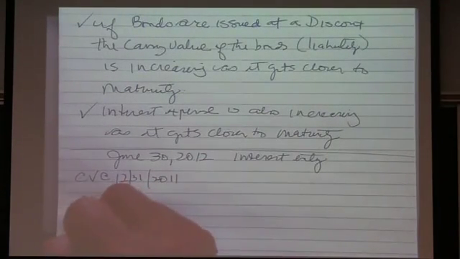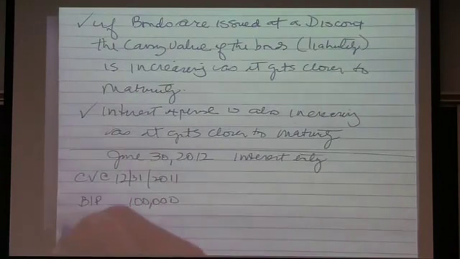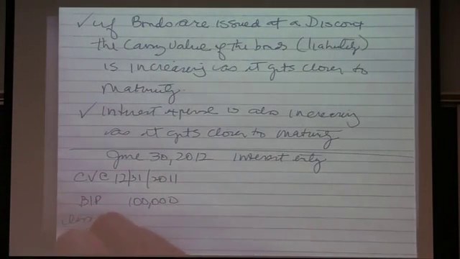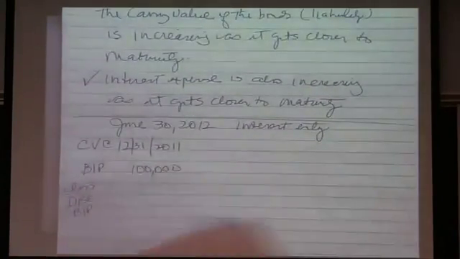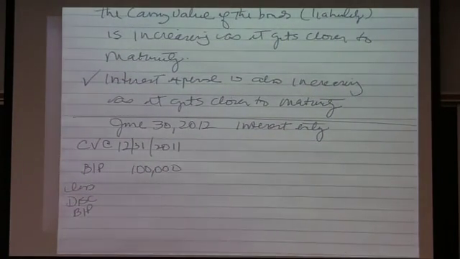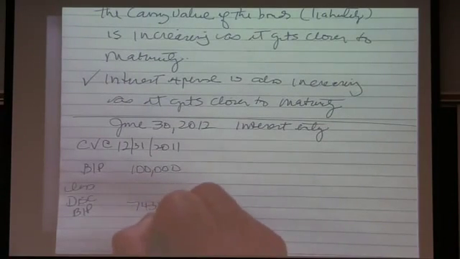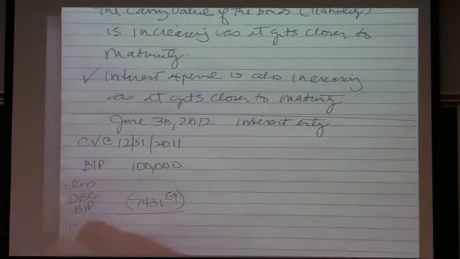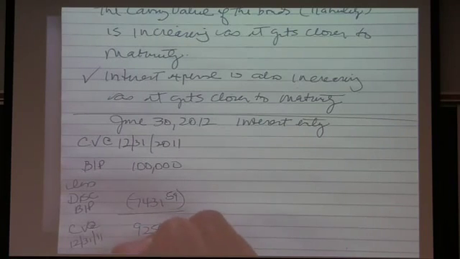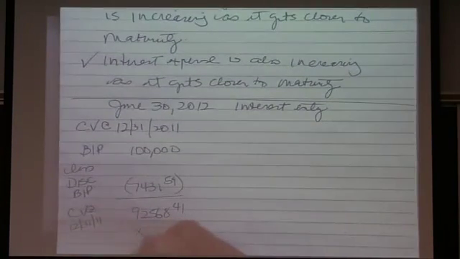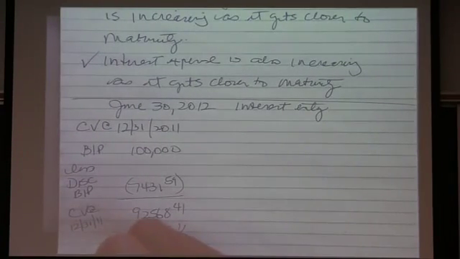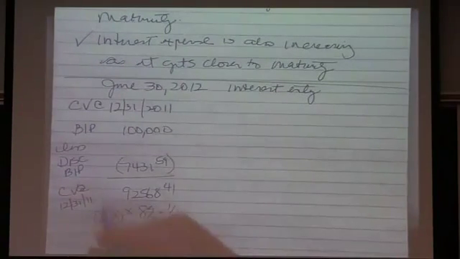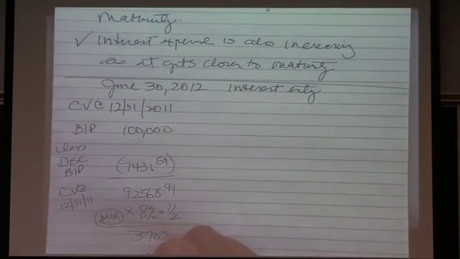And that was bonds payable 100,000 less discounts on bonds payable. And the discount, we did calculate that, didn't we, is 7431.59 to give us the carrying value as at December 31st, 2011. We're going to multiply this by the market rate of 8% times 1/2 again to give us interest expense of 3702.